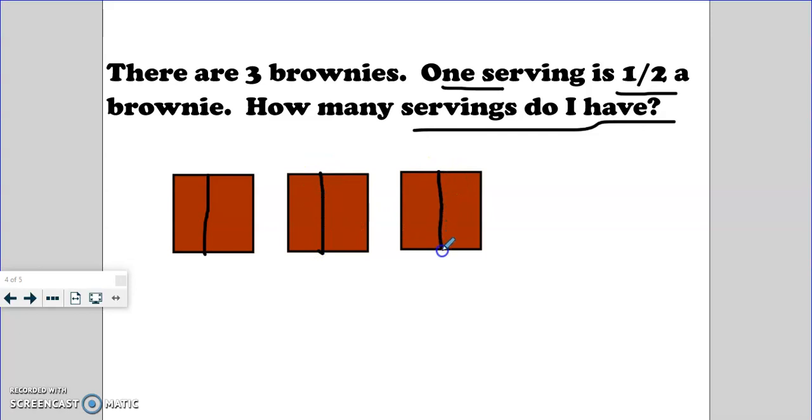Why am I breaking them up into halves? Because each half of a brownie is a serving. Let me say that again. Each half of a brownie is 1 serving. So I have 1 serving, I have 2 servings, because 1/2 of a brownie is a serving.